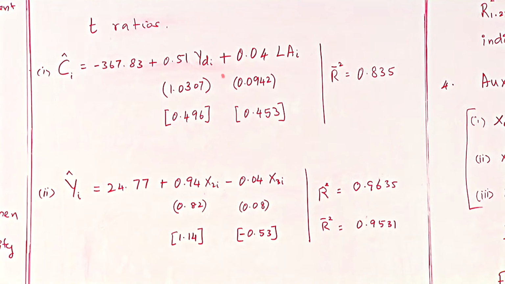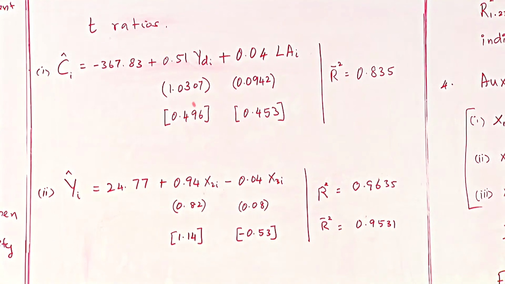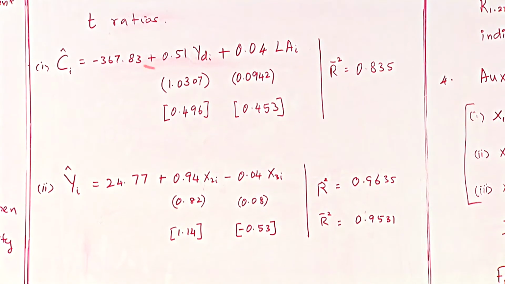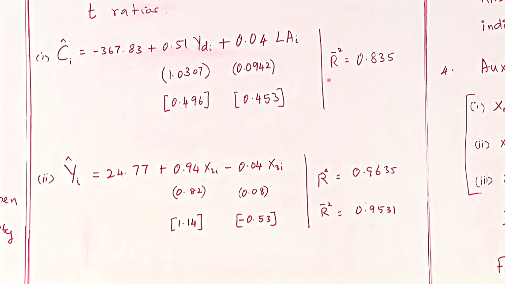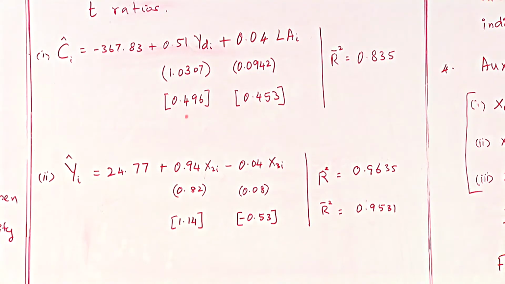So, this problem leads to multicollinearity, and that is reflected in the very high R square and very few significant T ratios. In fact, both of them are insignificant.